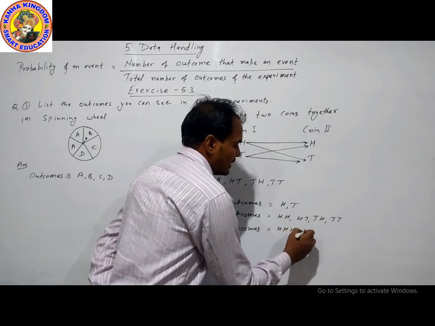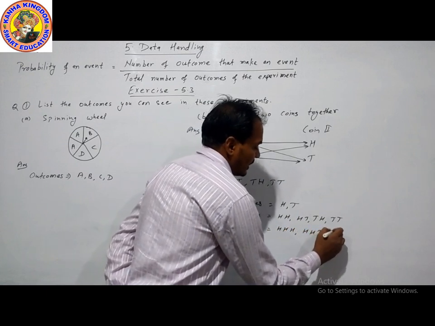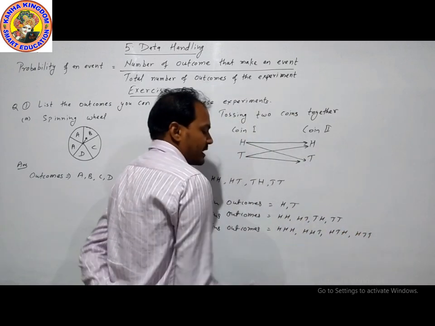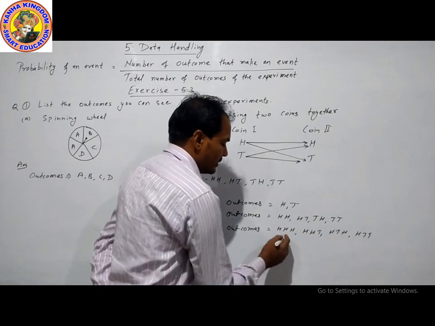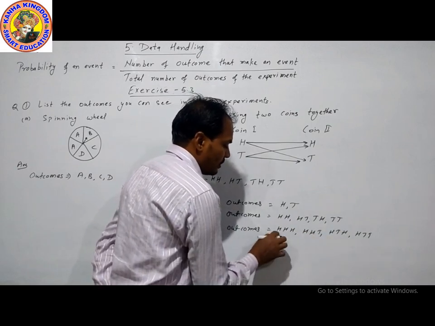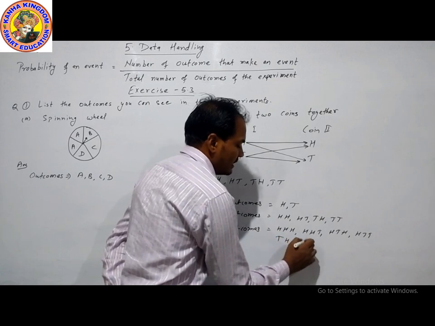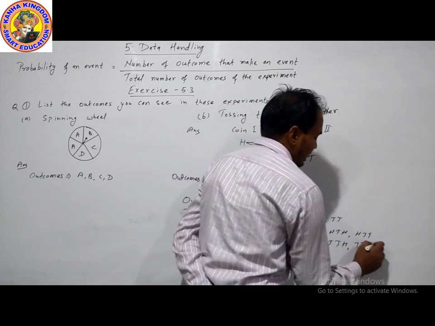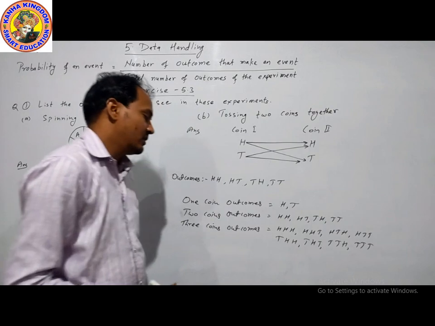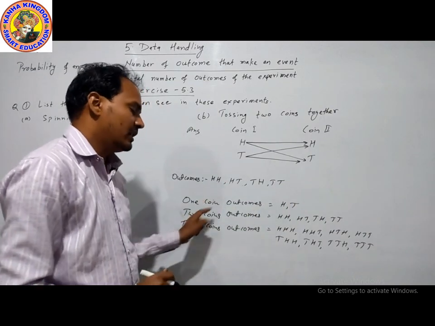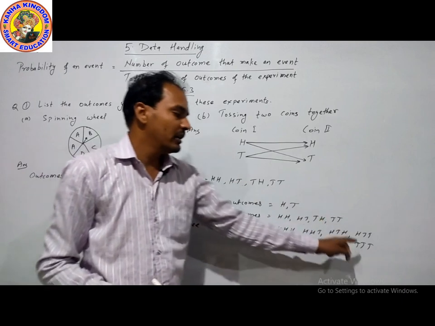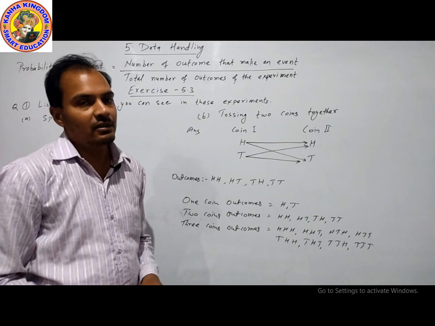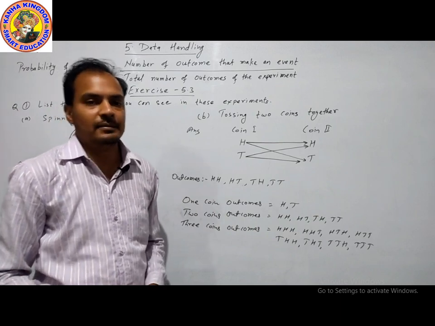Head head head, head head tail, head tail head, head tail tail. These are the four answers which start with head. Now the other four start with tail: tail head head, tail head tail, tail tail head and tail tail tail. These are the 8 outcomes. In one coin 2 outcomes, in 2 coins 4 outcomes, in 3 coins 8 outcomes, in 4 coins we will have 16 outcomes.